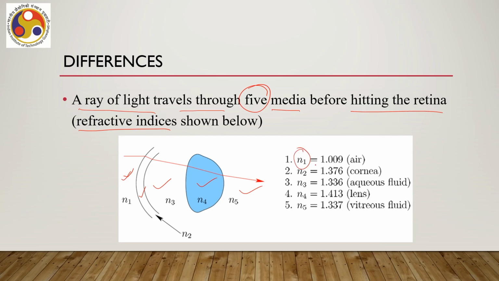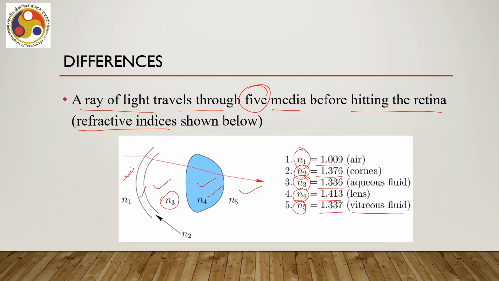Air is 1.009, that is the refractive index, then the cornea is 1.376, the aqueous fluid, a liquid type material, is 1.336, the natural lens is 1.413, and finally another liquid, the vitreous fluid, is 1.337.